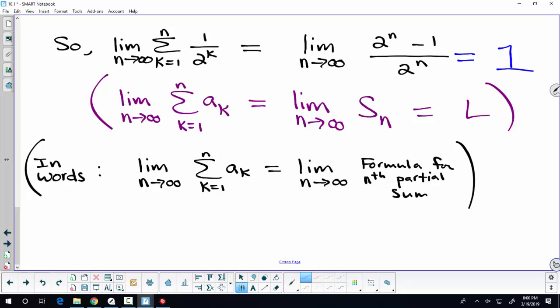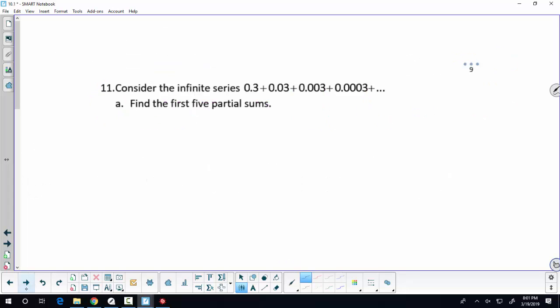So the infinite sum is equivalent to the limit of the nth partial sum. Okay. We'll see that in a few pages, but that's the idea.